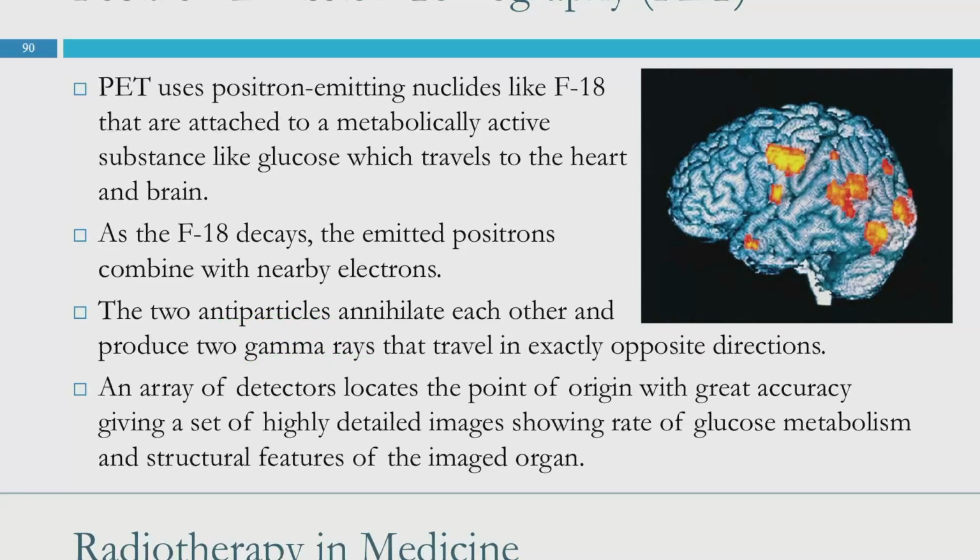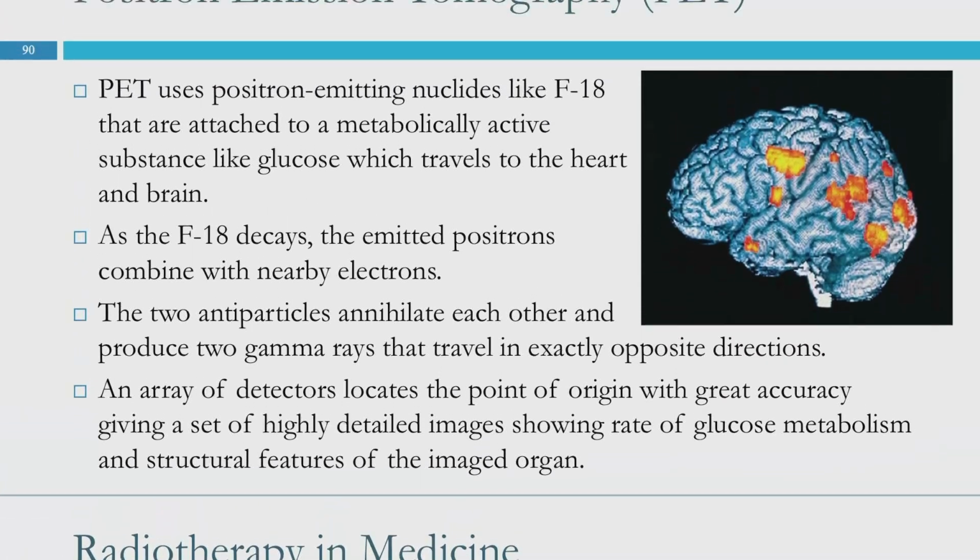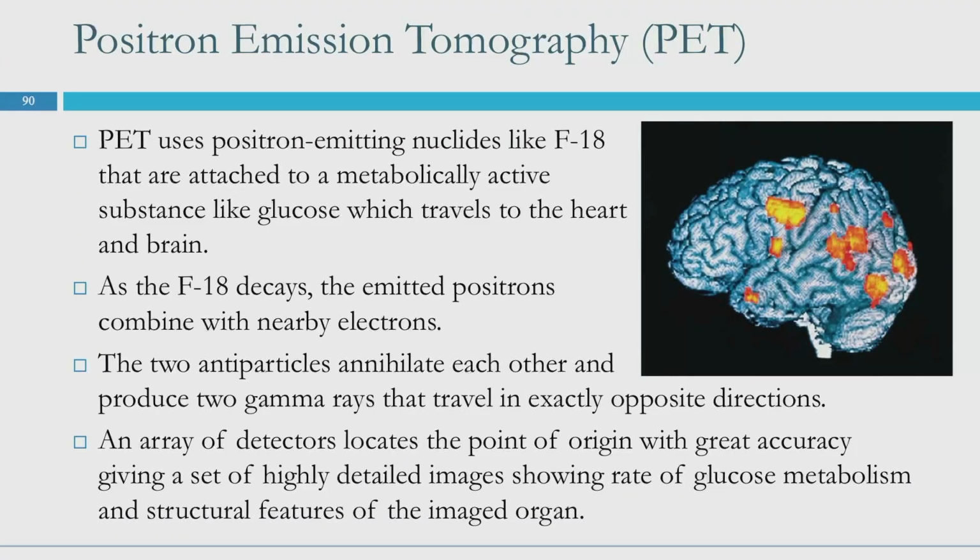So it's going to produce gamma rays, and so then you can use a machine that detects gamma ray emission in your PET machine. A lot of the how we use this in medicine stuff is kind of just like an FYI, kind of cool applications of what we've been learning about.